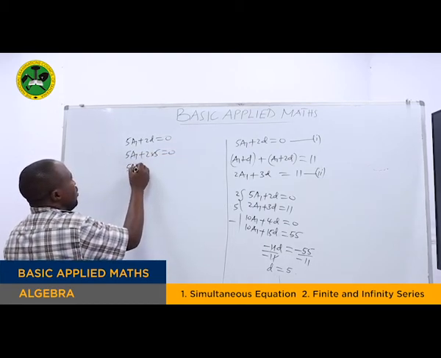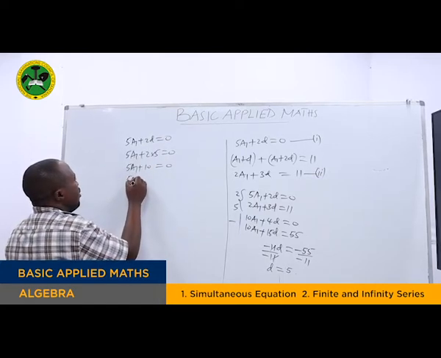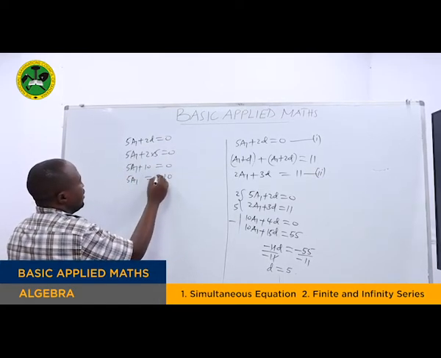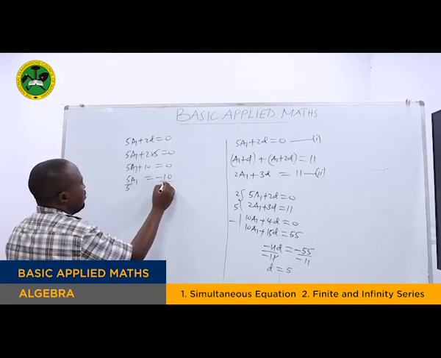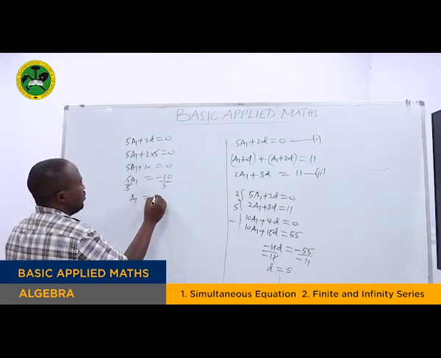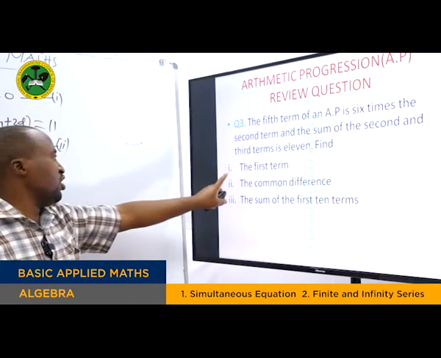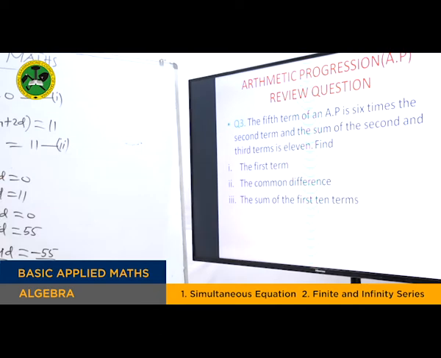So 5a1 plus 10 is equal to 0. So 5a1 is equal to negative 10, divided by 5, we have a1 is equal to negative 2. So we have the first term, called a1, is equal to negative 2.